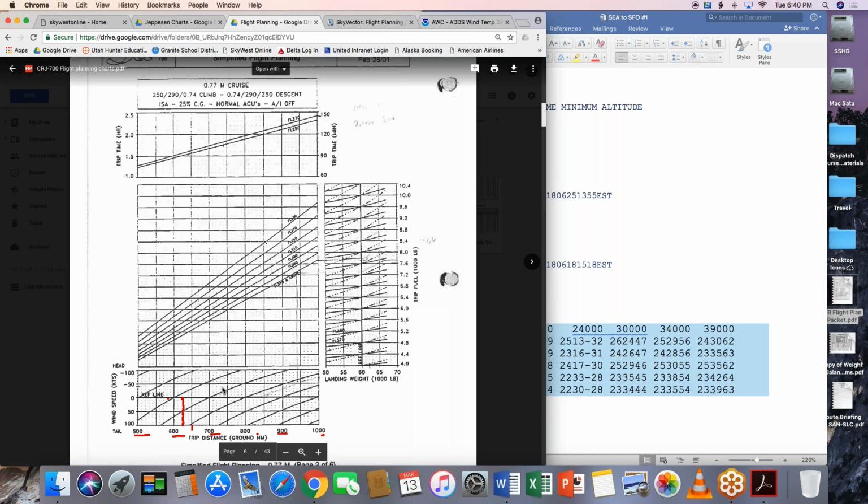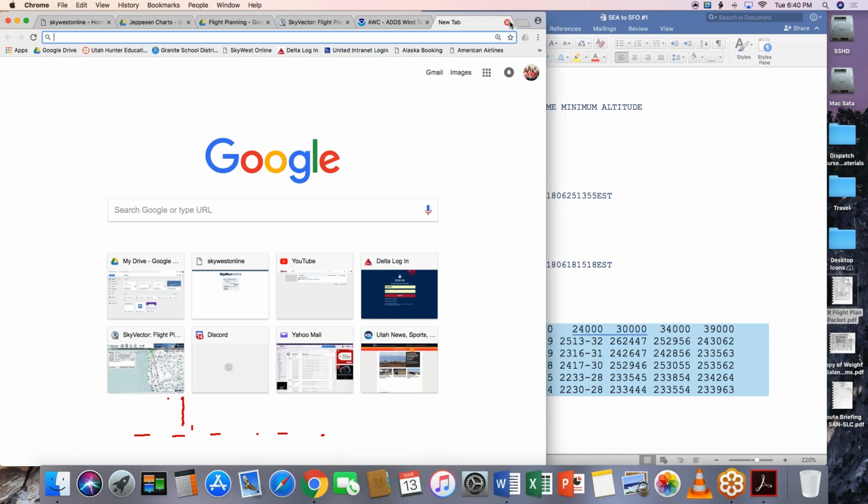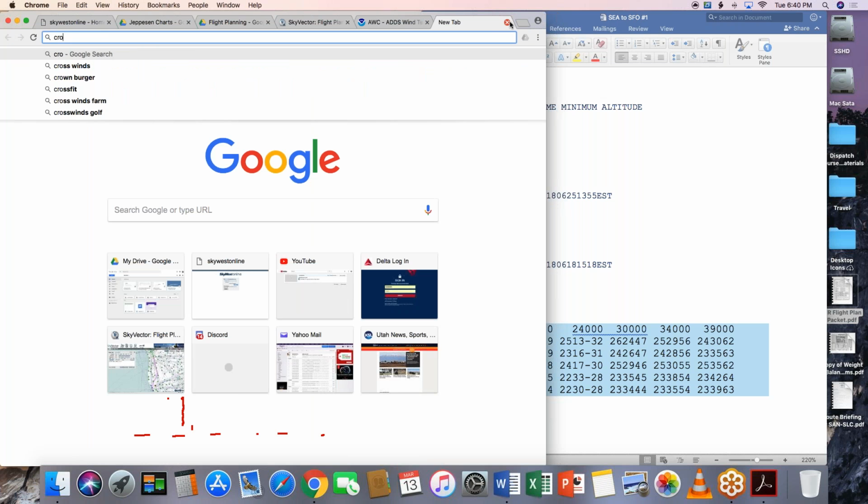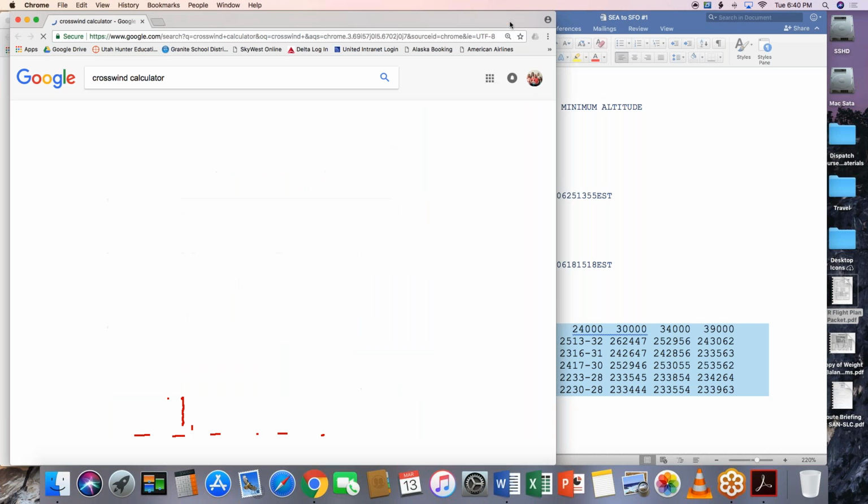Are they pushing us along, or are they headwinds slowing us down? You have these awesome tools on the internet. We call them crosswind calculators.